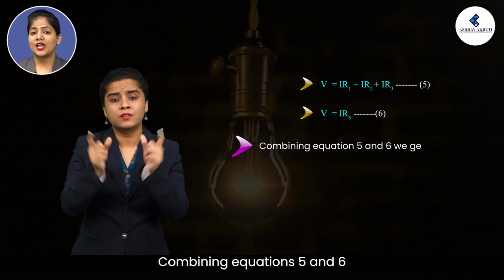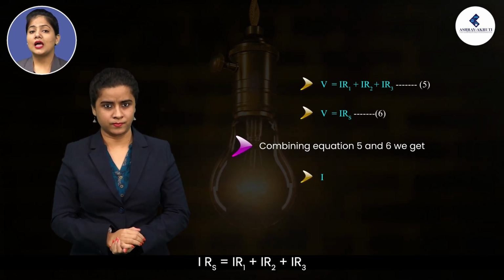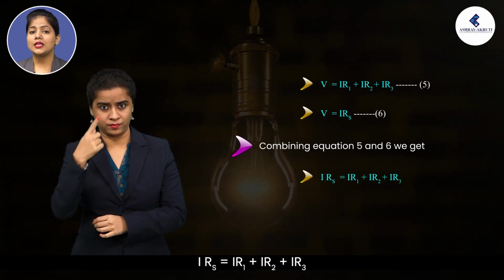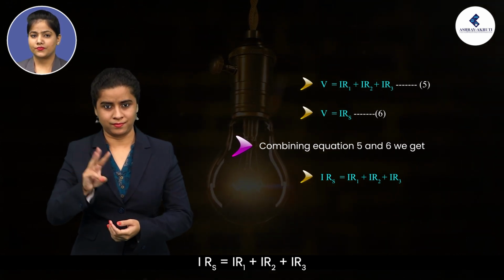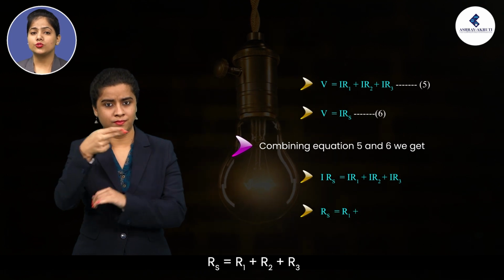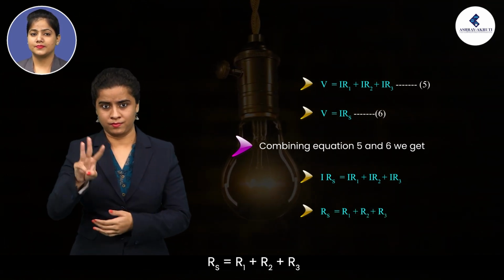Combining equations 5 and 6, we get IRs is equal to IR1 plus IR2 plus IR3. Rs is equal to R1 plus R2 plus R3.